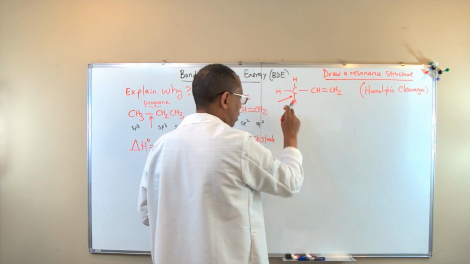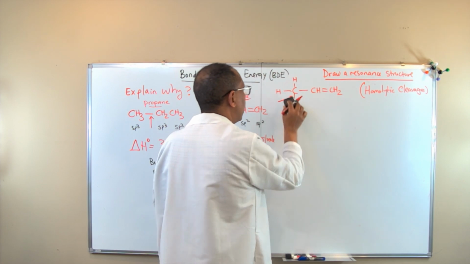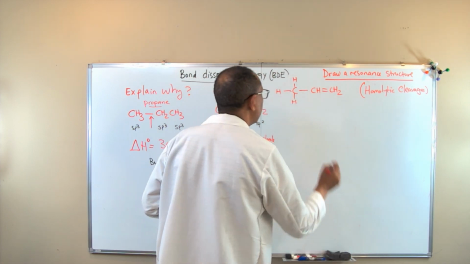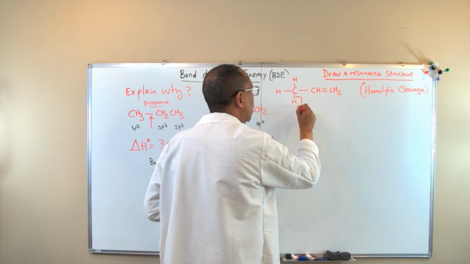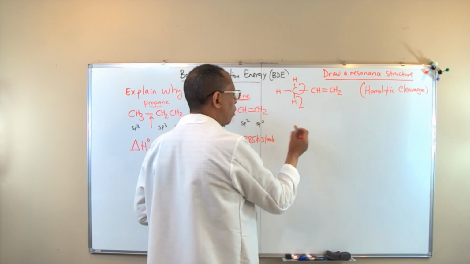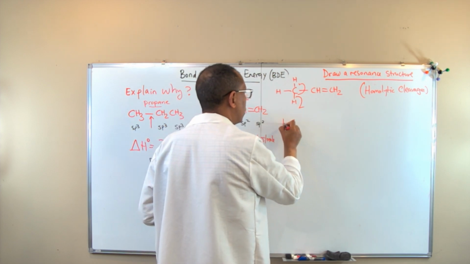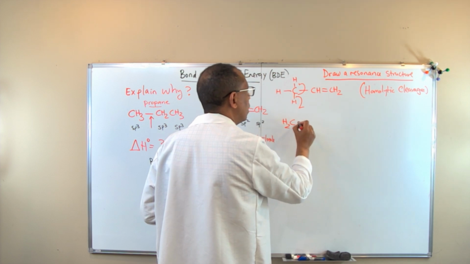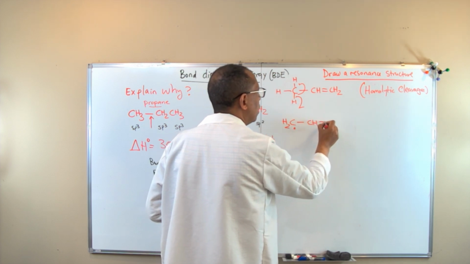Homolytic cleavage of the indicated bond. It could be any one of the carbon-hydrogen bonds. It means that you are doing this. What you would be forming would be a CH2 radical, CH2.